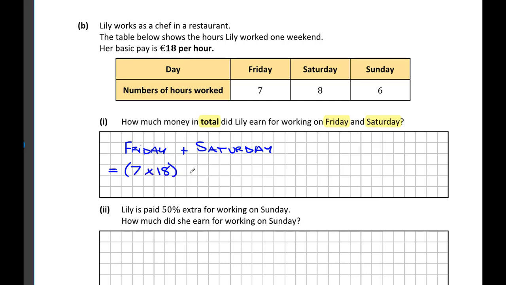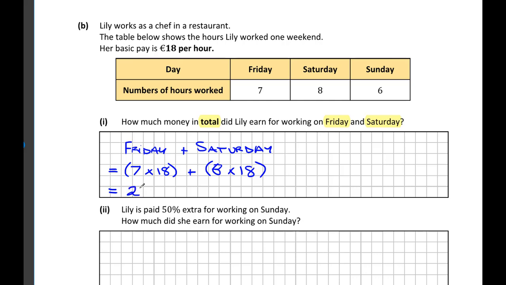And then on Saturday, she worked 8 hours, and €18 an hour. Okay. So you put that in your calculator, you get the answer. So 7 times 18 is 126. 8 times 18 is 144. Oh, wow. So it's 270.